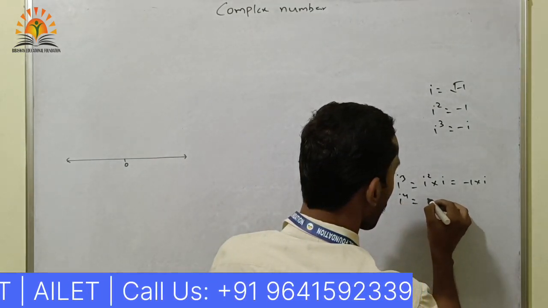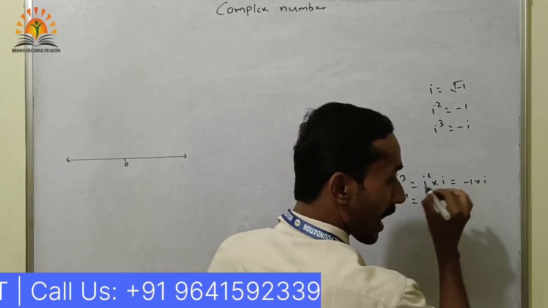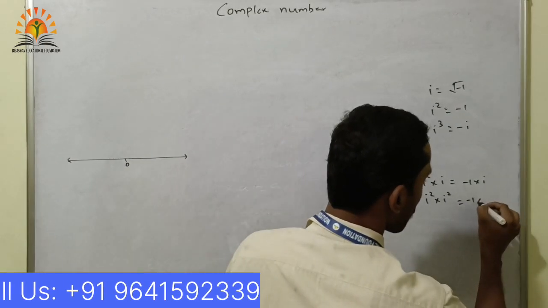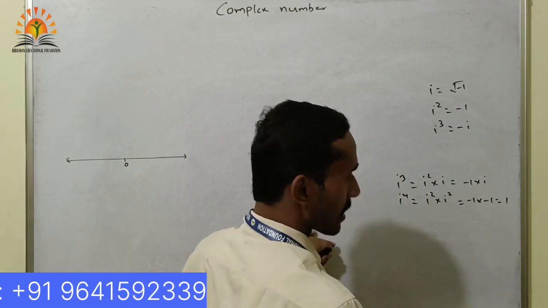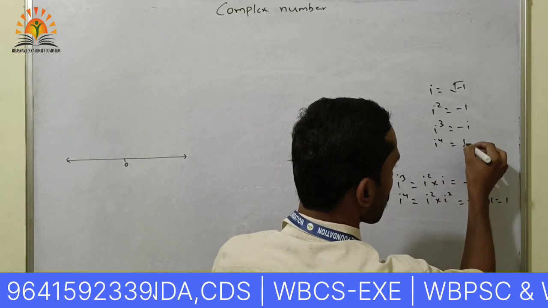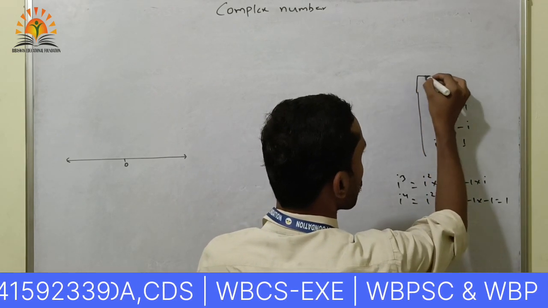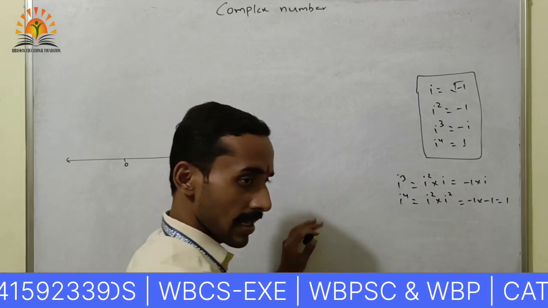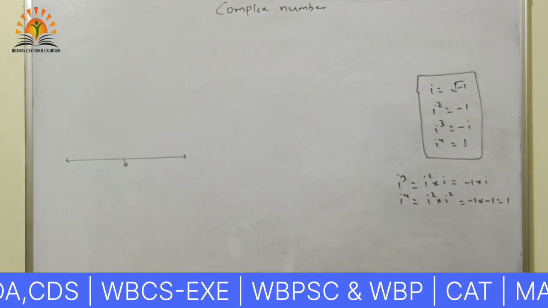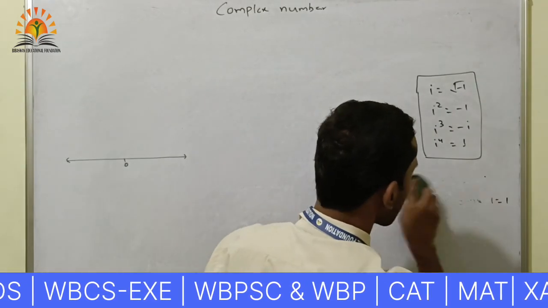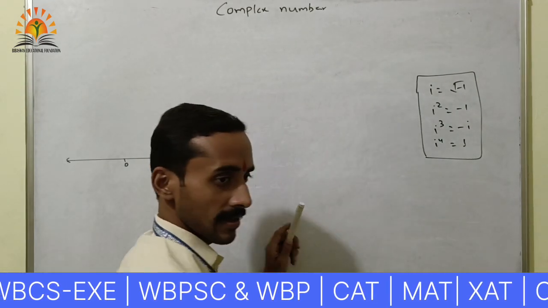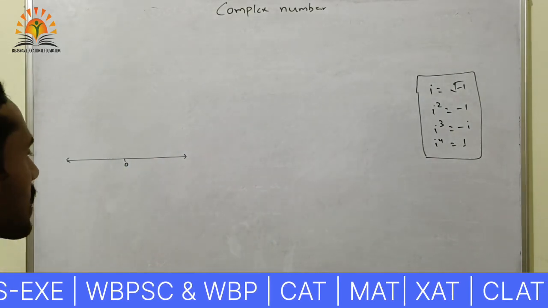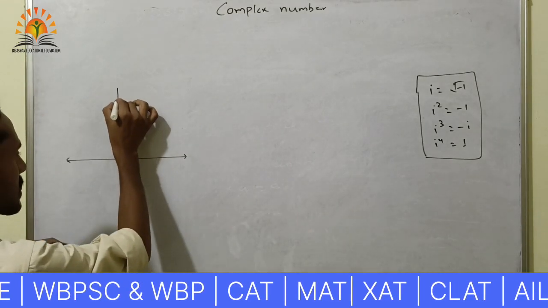And iota to the power 4 is iota square times iota square, so minus 1 multiplied by minus 1 becomes plus 1. Clear? This is a table. We know about it. Then what is the image? What does root over minus 1 indicate? Root over minus 1 indicates the y-axis.